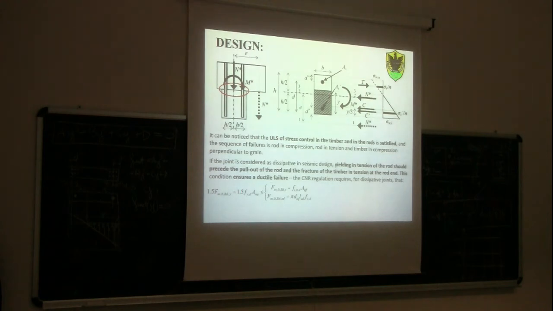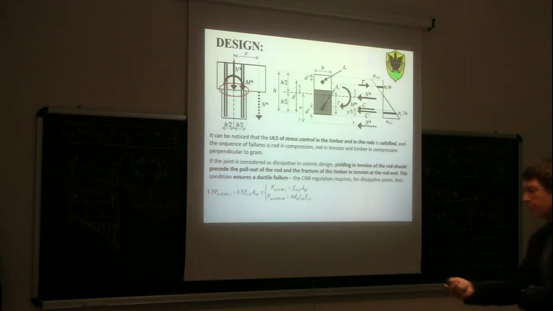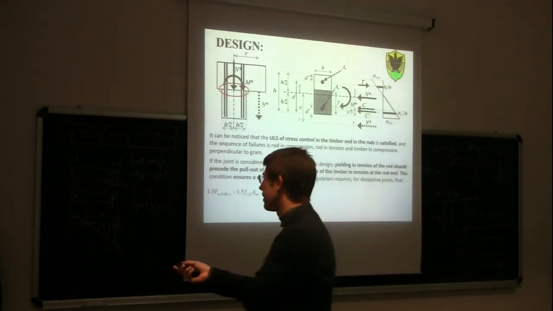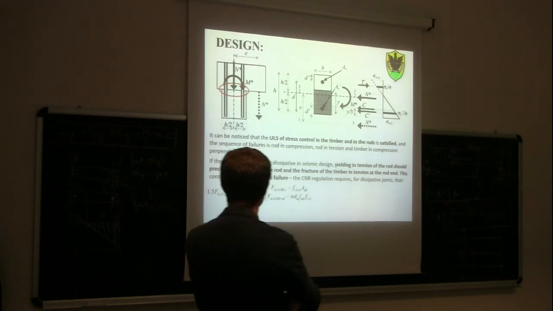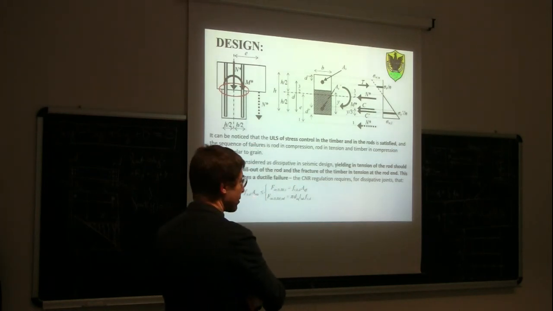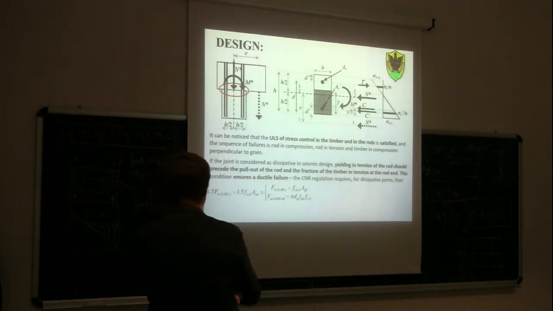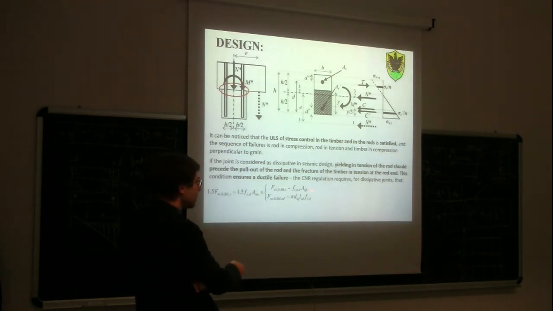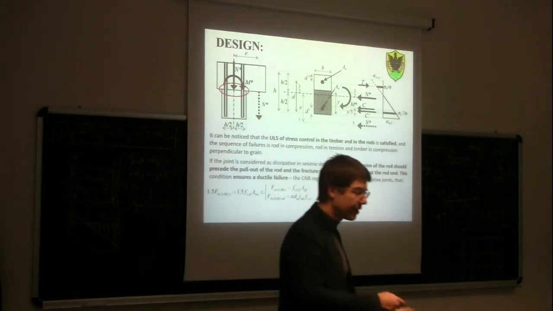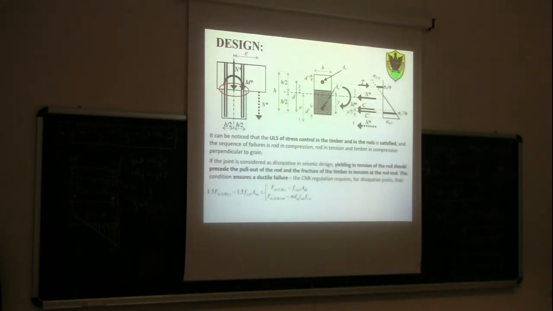Particularly, if you remember, first of all, the yielding of the rods in tension should be the dissipative failure mechanism, and that should be the first to occur, with respect to tensile failure in the wood and bond failure at the glue-timber interface.